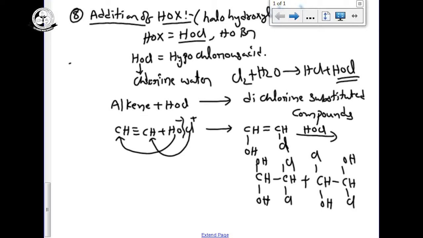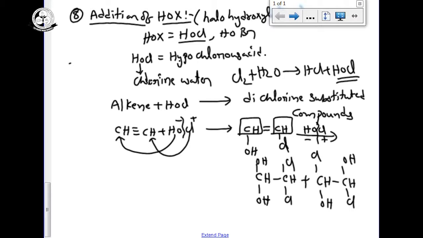Which is correct? For one molecule addition to the symmetrical alkyne, no issue. But for the second molecule, OH is minus, Cl is plus, so we cannot apply the Markovnikov rule here, because each multiple bonded carbon has one hydrogen. Then which one is correct? If the double bond is broken and one more mole is added, again we go for this one only.